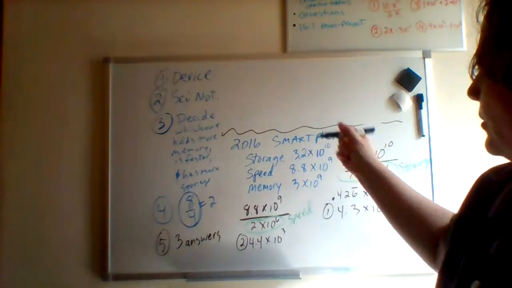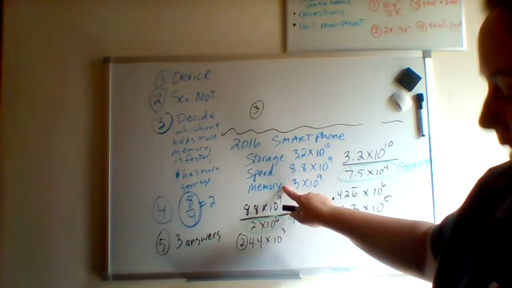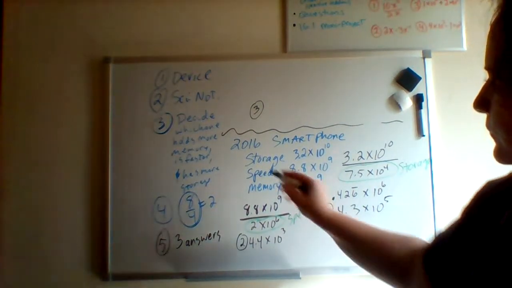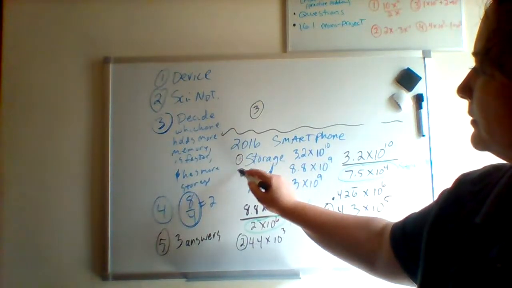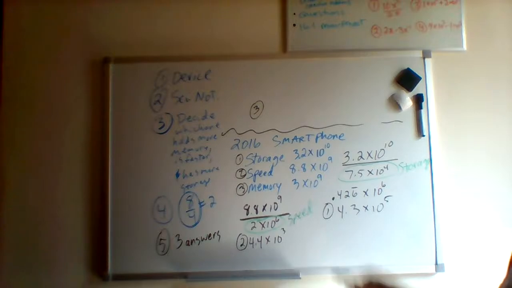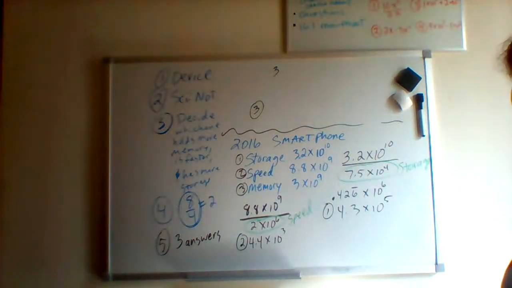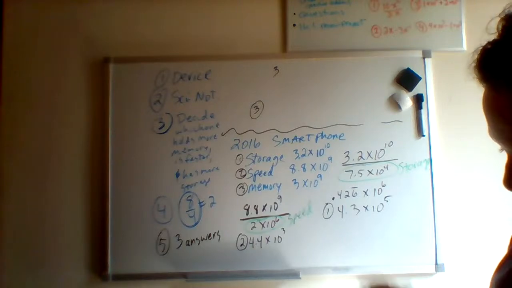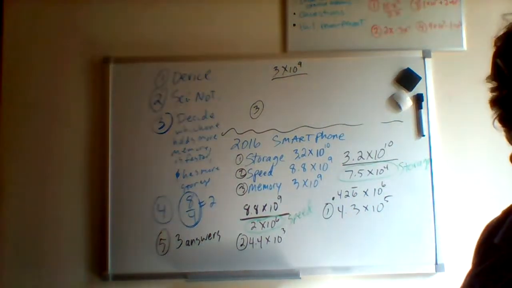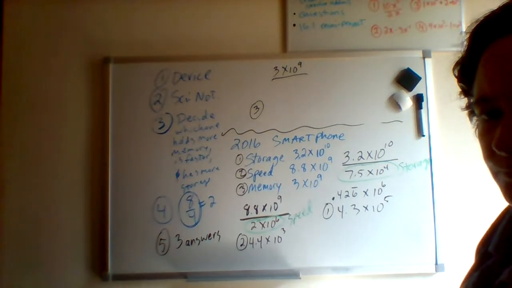But my 3rd answer is going to be memory. So I could even label it 1, 2, 3. For the memory, on my 2016 smartphone, I got 3 times 10 to the 9th power. I got all this information off the document I shared with you on Google Classroom.